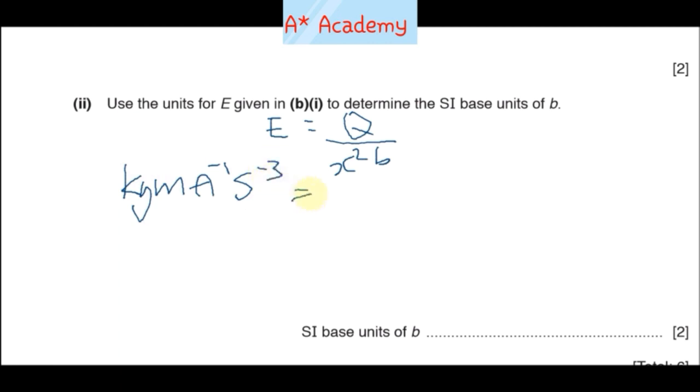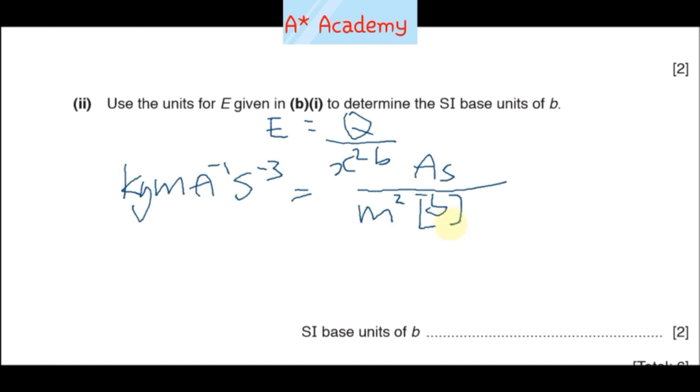Those units should be the same as the units on the right hand side, assuming this equation is dimensionally consistent. So the right hand side is A s for Q, because Q is charge, over x squared. X is distance, meters, so x squared is meters squared. And then the units of B will go right there.